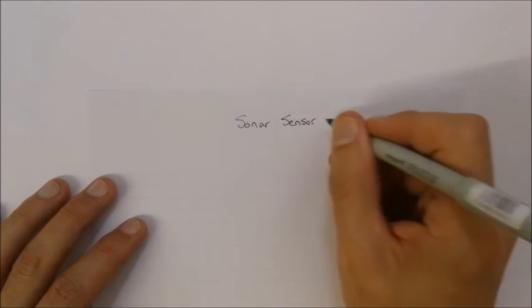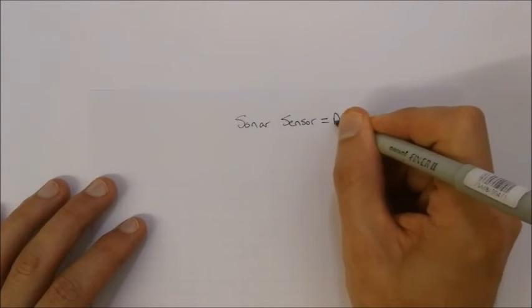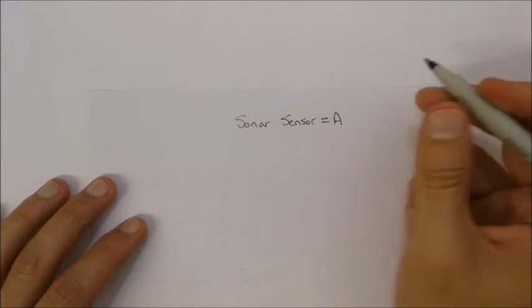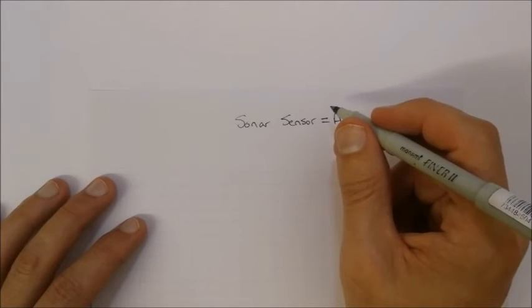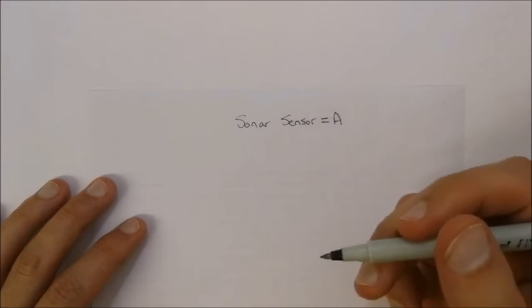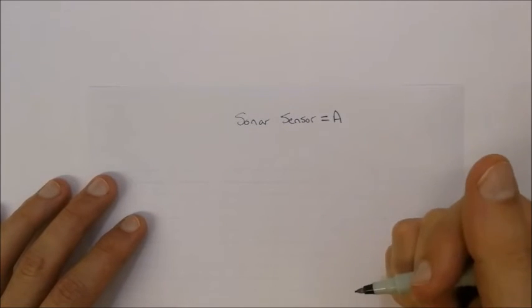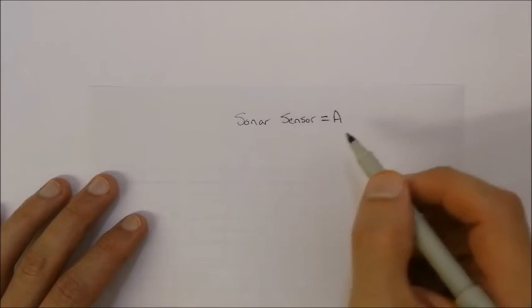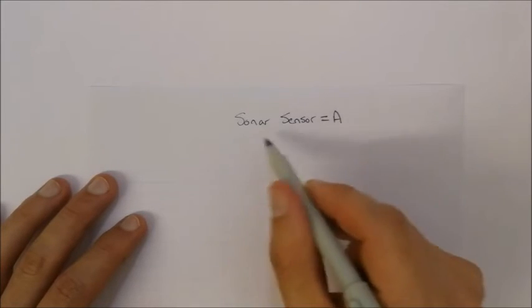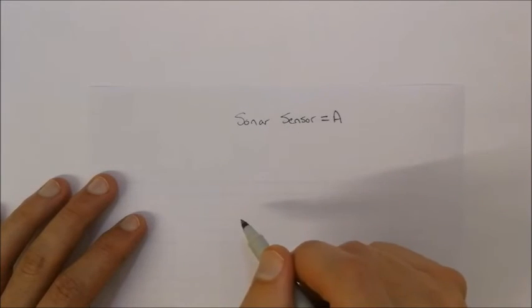We'll call that sonar sensor A. There's a buzzer, or a little alarm, inside the car, and that's got to go off as soon as the sonar sensor is activated.